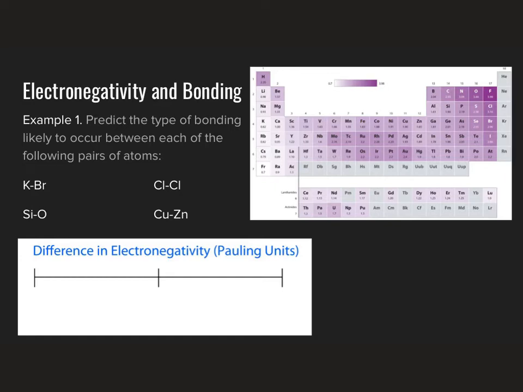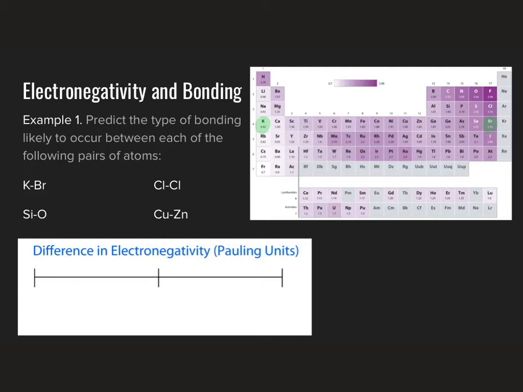The first one is a bond between potassium and bromine. If you have a look on your periodic table, you note that potassium is an alkali metal with an electronegativity of only 0.82 Pauling units. And then on the other side of the table, we've got bromine with an electronegativity of 2.96 Pauling units over there in the halogen family.